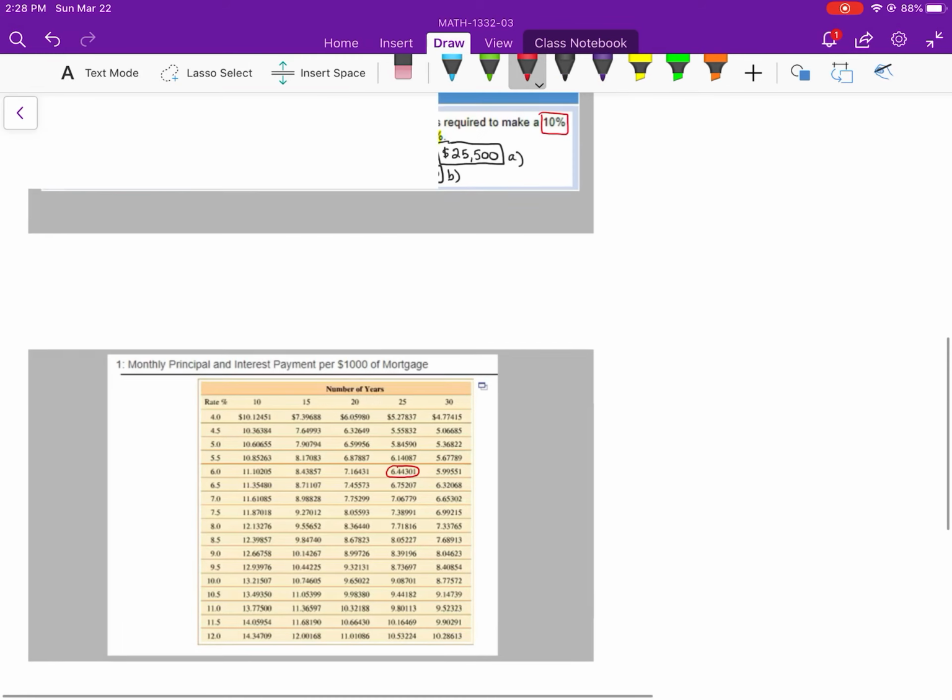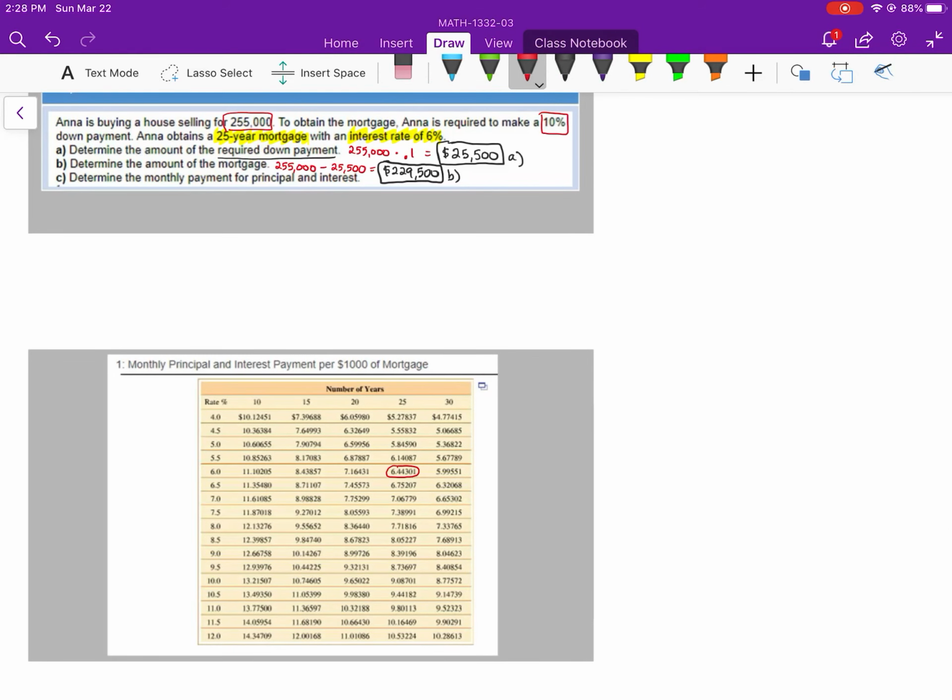Okay, so let me zoom out just a little bit so we can see the bottom of that problem there. Now remember in 10.4 when we had those installment loans and it said per $100, well, notice on this one the monthly principal and interest payment per 1,000 of the mortgage.